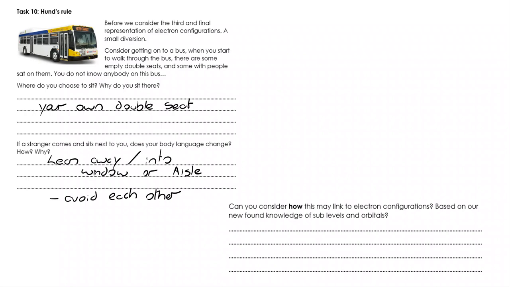Well, we've spoken about principal energy levels, sublevels, and orbitals. We're now going to need to delve a little deeper into orbitals. Electrons will repel each other within an orbital. Those pairs of electrons, just like two people, will repel each other if they're strangers sat next to each other on a bus.